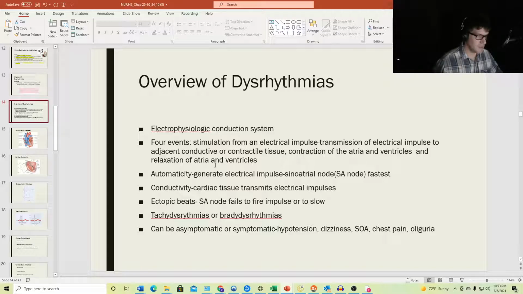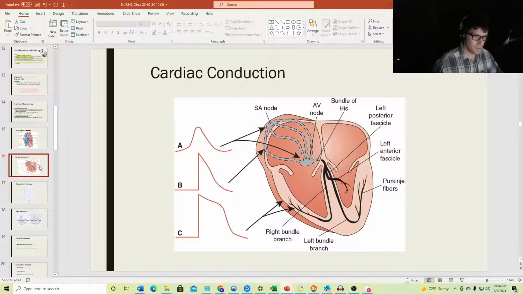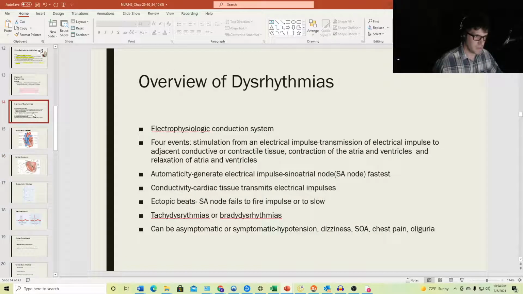Basically what that's saying is we have the signal from the SA node that initiates the impulse, SA node, sorry, just had to double check. The impulse that runs the electricity through the nerves in the heart causes the contraction of the atria, which are up top, and then the ventricles, and that's it.